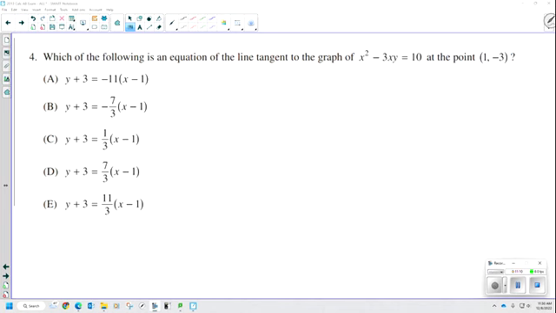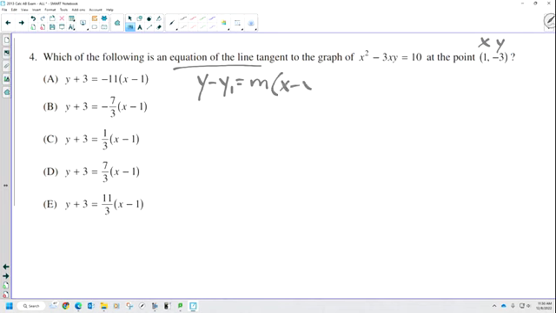Which of the following is the equation of a line tangent to the graph of x squared minus 3xy equals 10 at the point where x is 1 and y is -3? Two things. Equation of a line means y minus y1 equals slope or derivative times x minus x1.